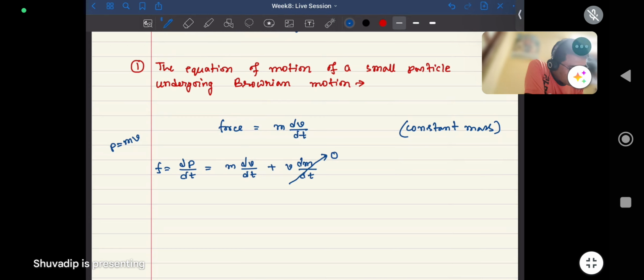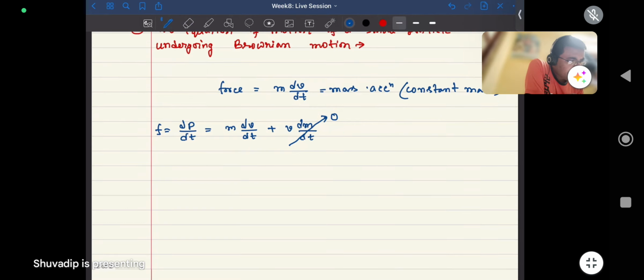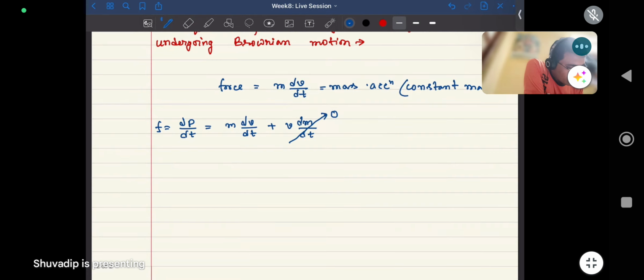In that case we are left with the first part only, which is more popularly known as mass times acceleration. But remember, force is mass times acceleration only when we are considering a particle of constant mass. So if the particle mass is constant, the left hand side of our equation is m dv/dt, that is force. Now we have to find out what forces are acting on the particle.